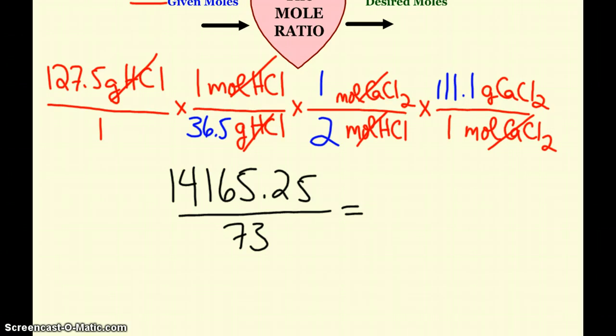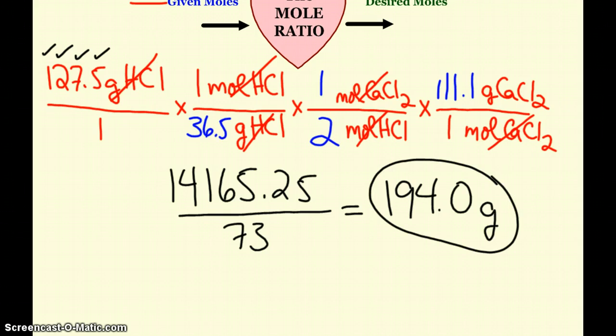So now I can find the answer, of course, with sig figs. And the nice thing is, however many numbers are in the starting measurement, that's how many we want in my answer. So I've got 4 numbers to start, 4 numbers in my answer. So it's 194.0 grams.